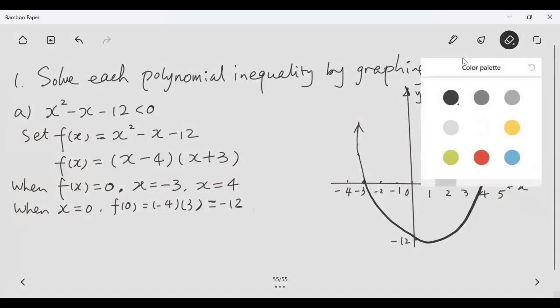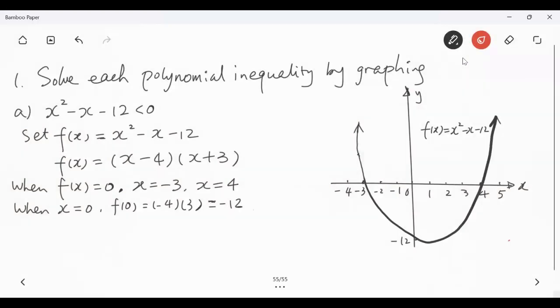So that means the curve below the axis, like this part. And the solution is from negative 3 to 4.